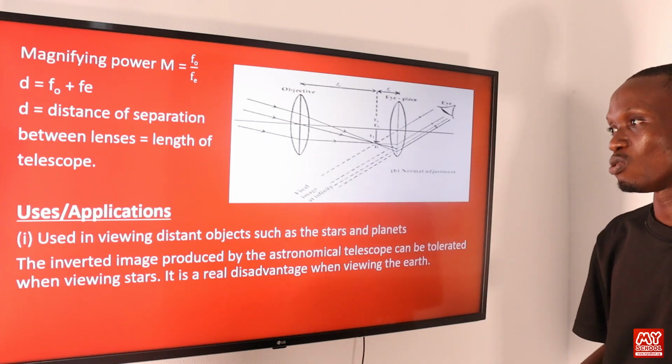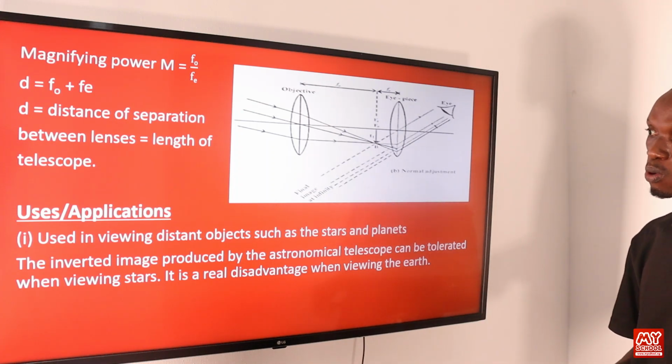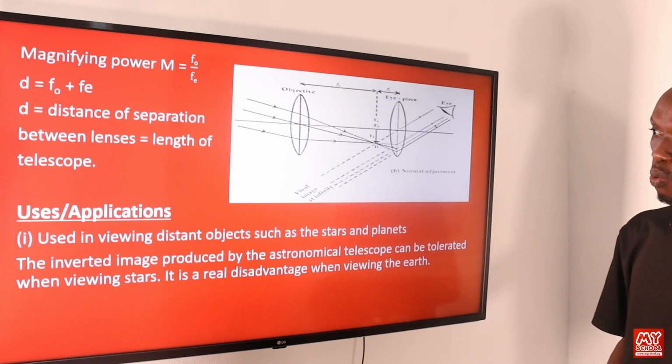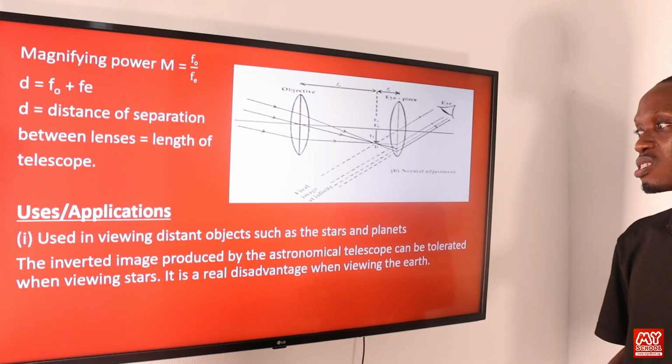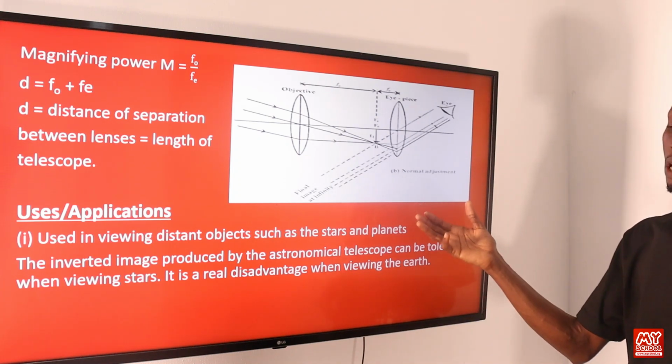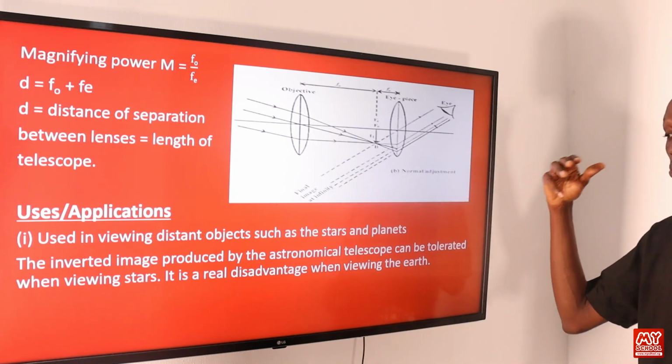Now let's talk about the uses of the astronomical telescope. One, it is used in viewing distant objects such as stars and planets. These are normally used by stargazers to view stars.